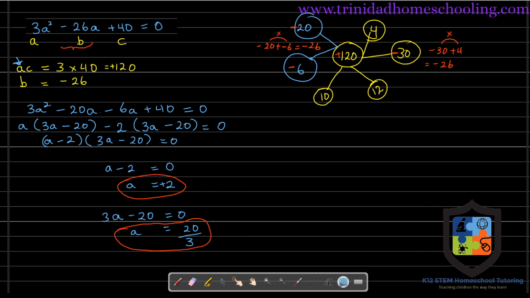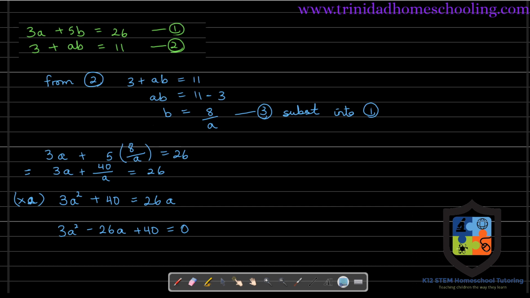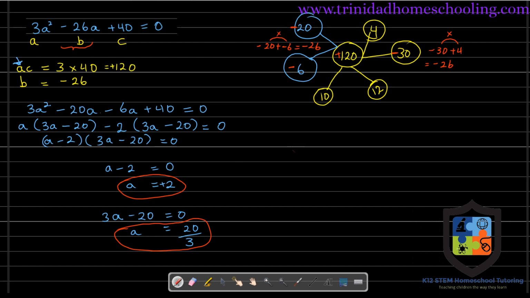Now we're going to solve for b. Let's go back to the previous page. Remember we did this working here and found an equation with b being the subject of the formula. Now we're going to substitute our a values back into this one. So b is equal to 8 divided by a. Let's call these a1 and a2.